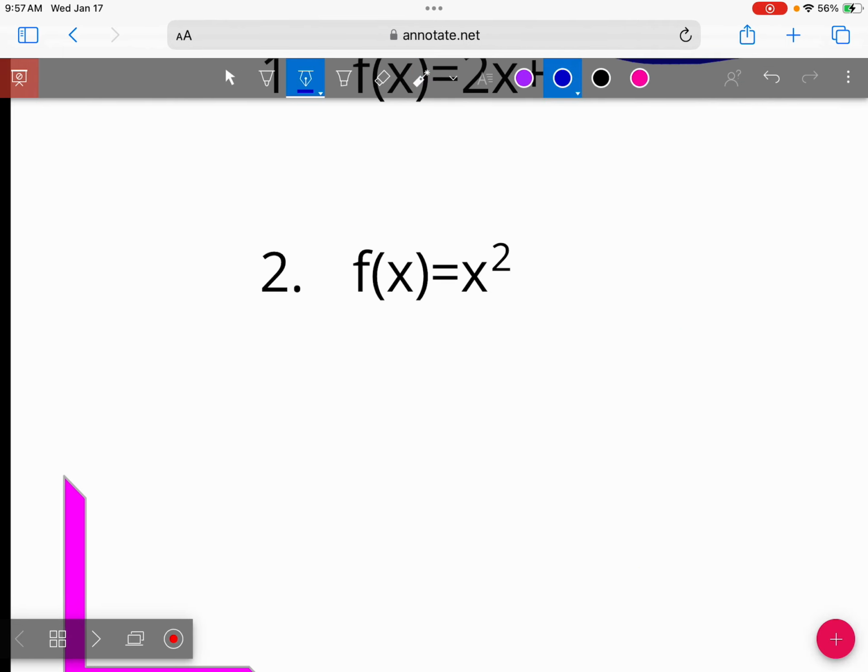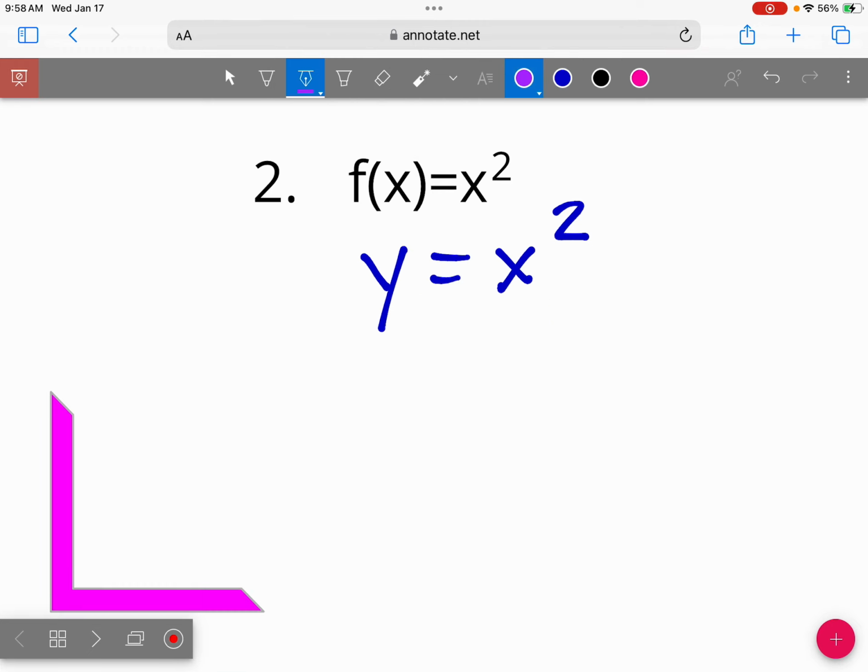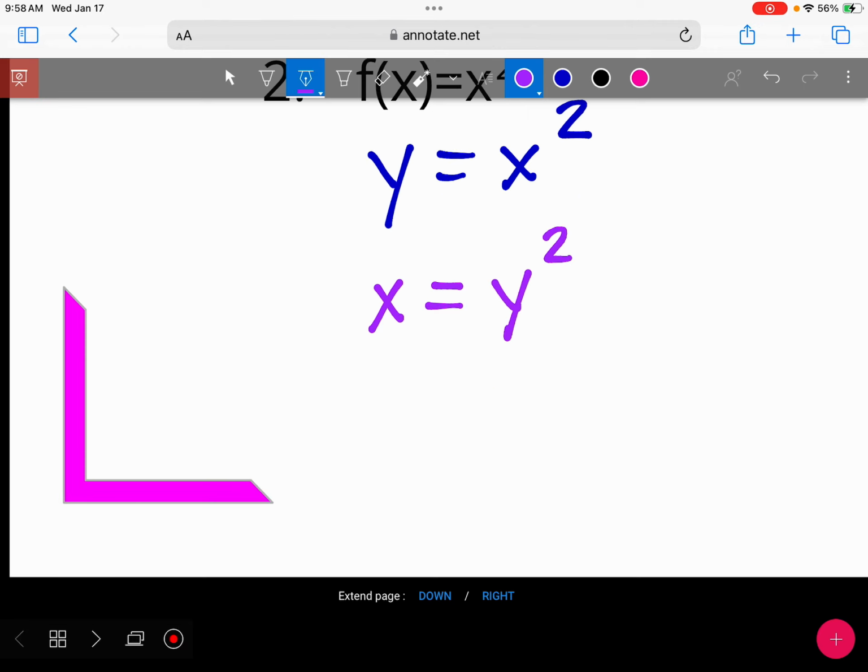Same vibe for the second one. We're switching it into our algebraic notation, y equals x squared. Switch our x and y to get our inverse, and we get x equals y squared. So what is our inverse function? What do we do next?